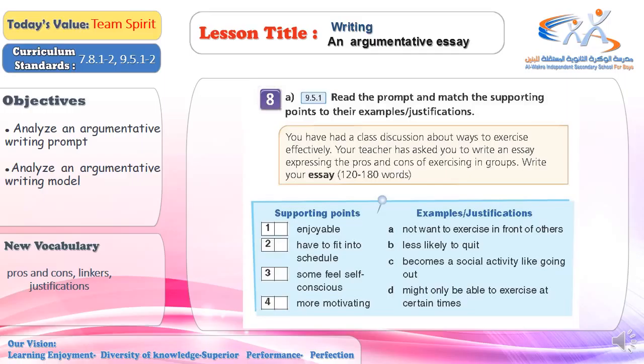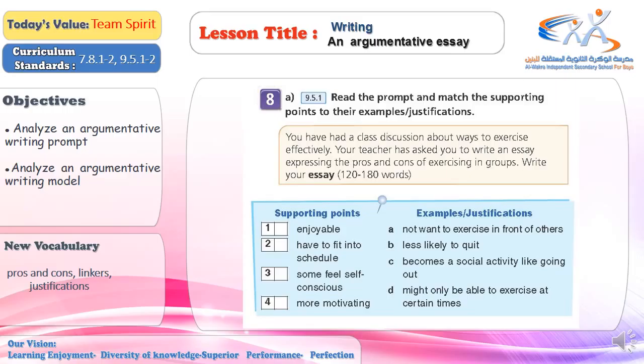The supporting points. Number 1, enjoyable. If you look at the 4 choices, A, B, C, and D, we'll see that the suitable example or justification for this supporting point will be: becomes a social activity, like going out. So 1C. 2. Have to fit into schedule.